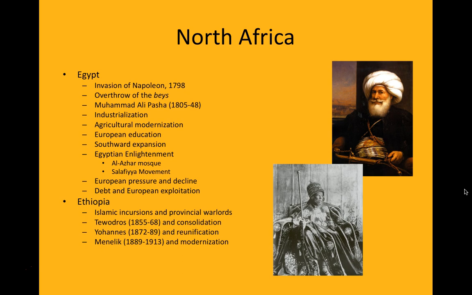All through the 16th, 17th, 18th, into the 19th century, Ethiopia had been fragmented politically between various provincial warlords who exercised power, and these were Christians, but also with repeated Islamic incursions into Ethiopia, driving the Ethiopians further and further into the highlands, really cutting off their contact with the coast. And so this was the state of Ethiopia for several centuries.